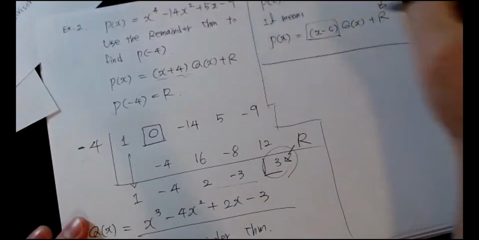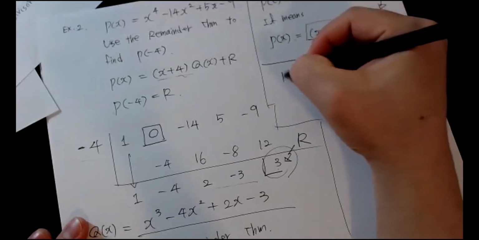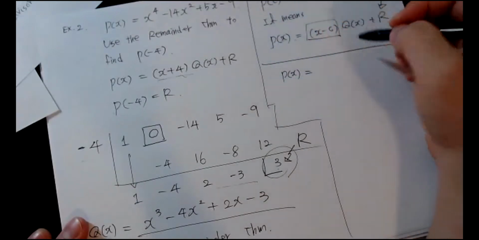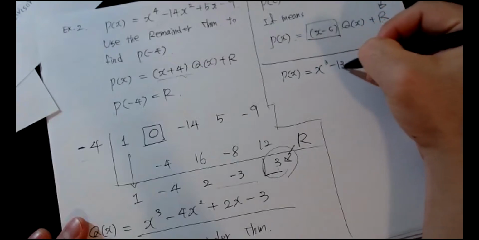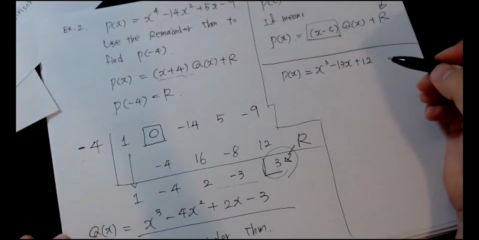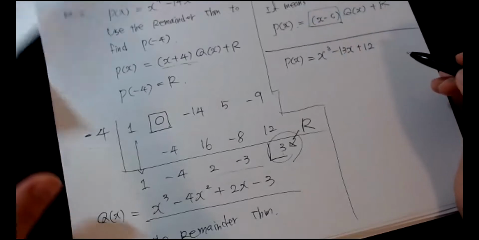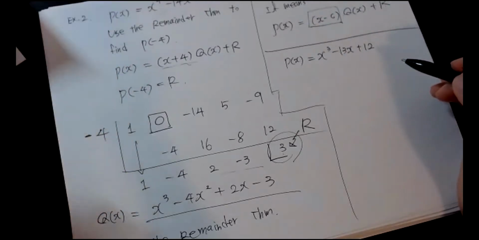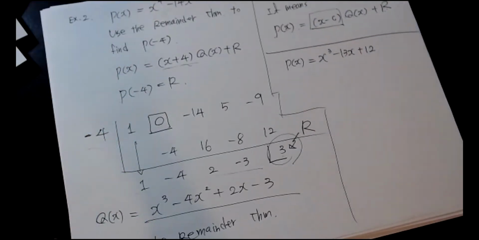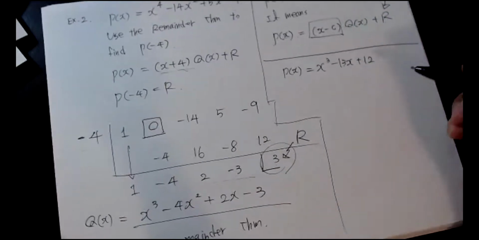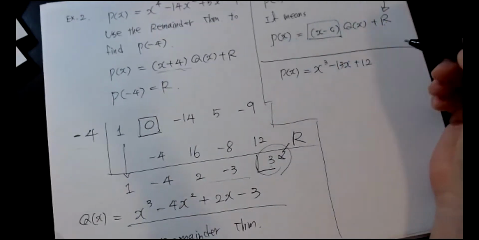Now p of x is given by x cubed minus 13x plus 12. Let me use synthetic division.